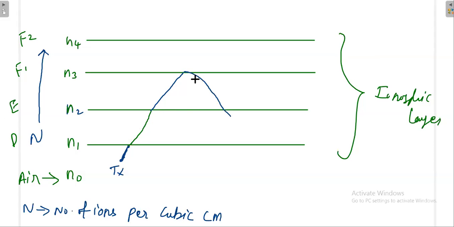Here also refraction will be there, because now you are coming from a denser medium to a rarer medium. Based on that, the refraction will be either left or right, but it has to be on the left. So finally you will get your signal here. This is how your signal is exactly getting reflected.